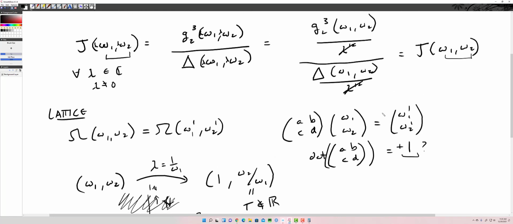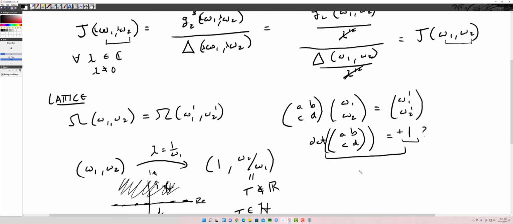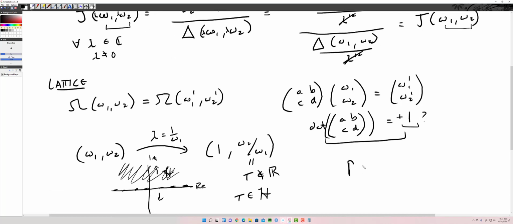And what we'll see in a second is that J is actually invariant under all matrices, as Möbius transformations, that have determinant exactly 1, with integer entries. This winds up being a really special group called PSL2Z.